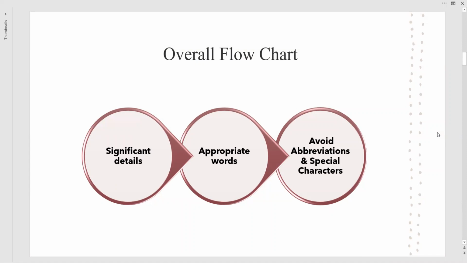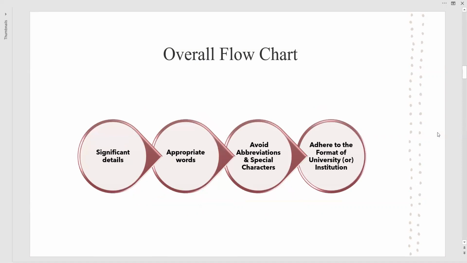It means avoiding the acronyms and symbols. The next one, adhering to a format given by the university or institution or the organization, such that we don't violate the regulations that have been put under by the university or institution.